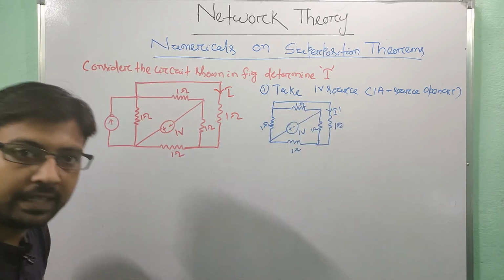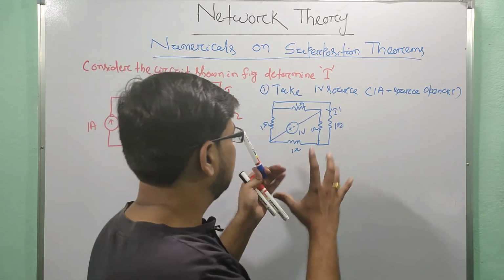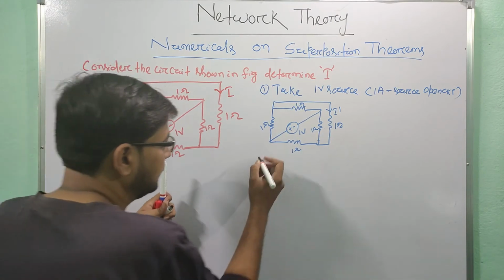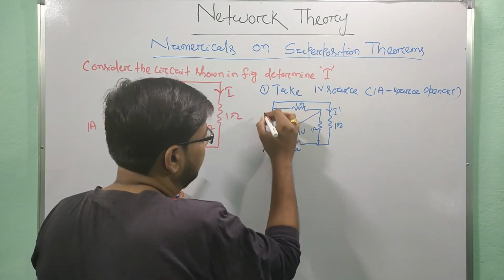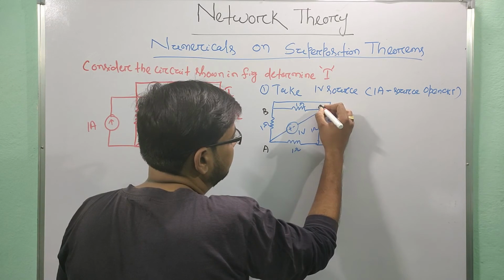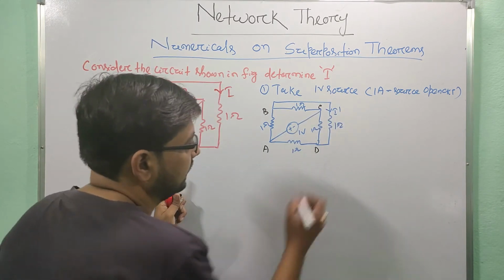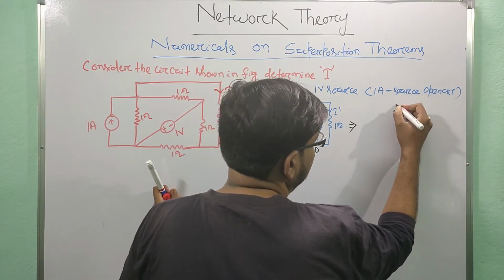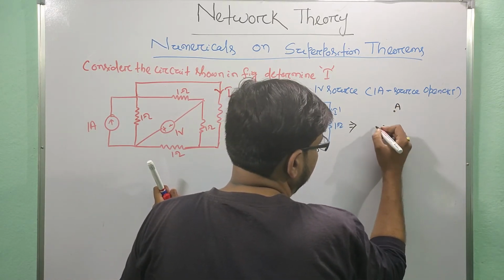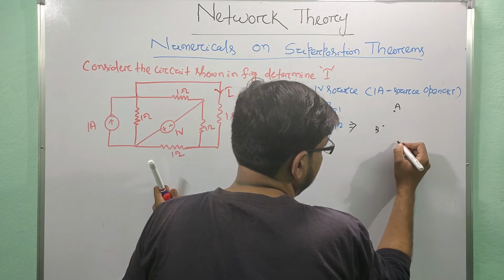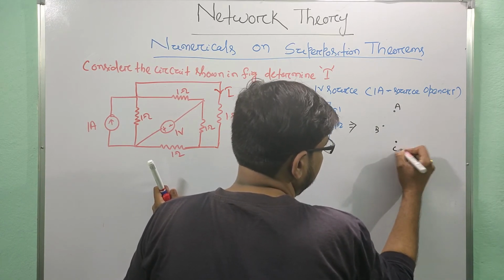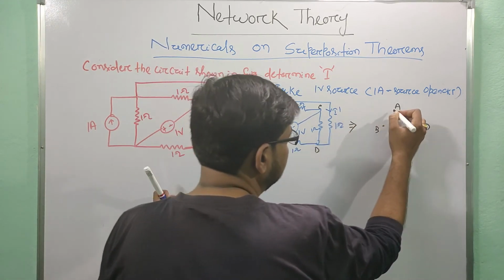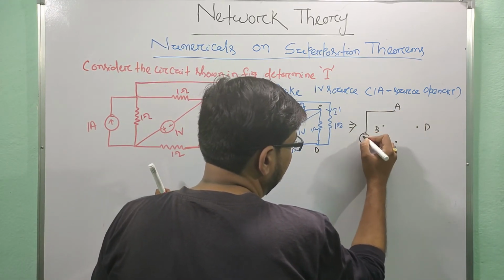Okay, now for this circuit अभी हम क्या करेंगे, इसको और थोड़ा सा सिंप्लीफाई करेंगे। इसके लिए हम इसको नेमिंग कर देंगे A B C D। ओके, नाउ आई विल कन्वर्ट दिस सर्किट इनटू A B C and D. Now for A to C, voltage source is connected.